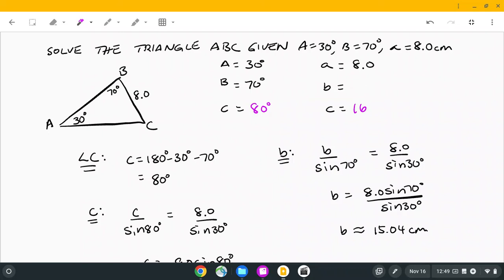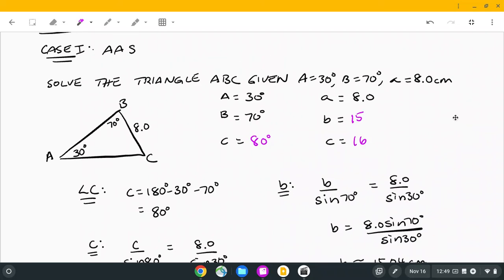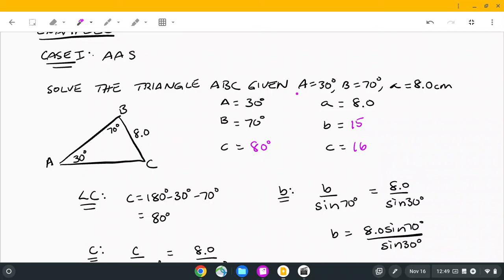This should be in purple. Okay, so all the purple stuff is the stuff that we solve for. Okay, so that's how you would use it in the case where you have angle, side.